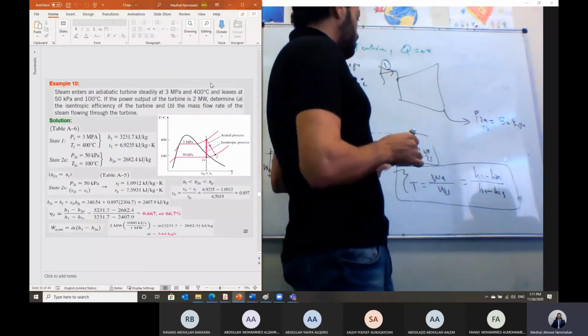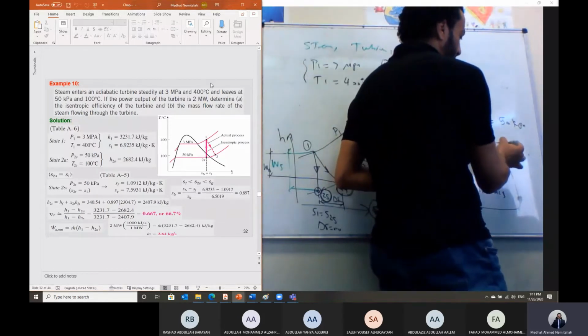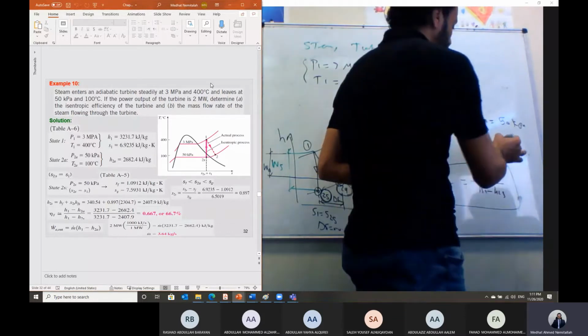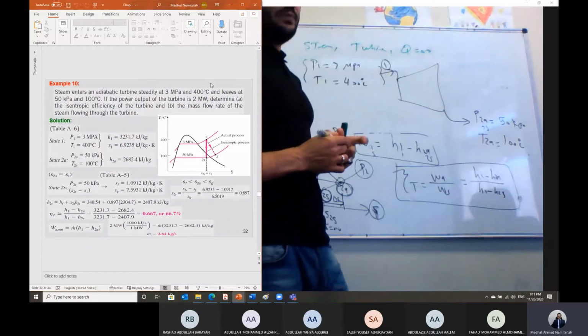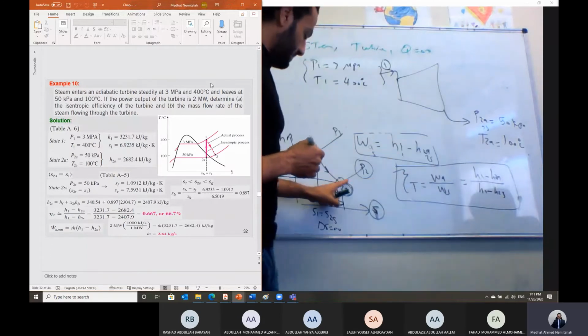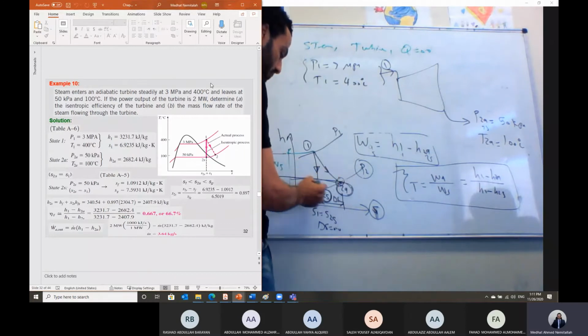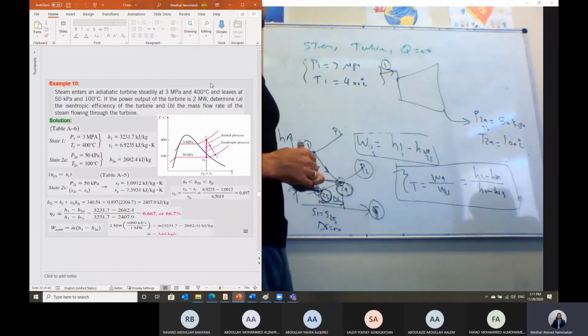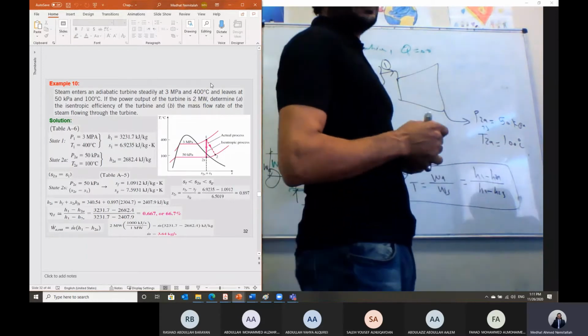Pressure is the same for actual and isentropic, but temperature is not the same. So the given temperature is T2 actual, which is equal to 100 degrees. So P2 actual is the same as P2 isentropic, but they should not have the same temperature because they have different enthalpy. So the given temperature in this case is the actual value.